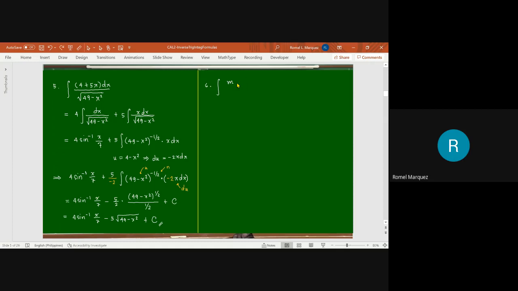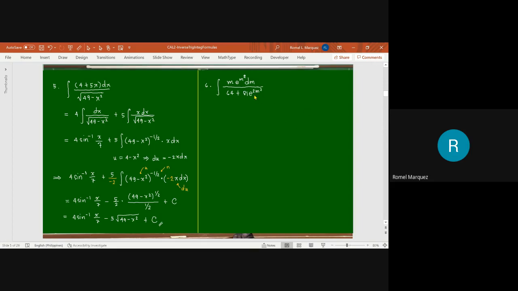Integral of m e to the m squared dm over 64 plus 81 e to the 2m squared. Okay? Now, why is it not possible to be du over u?